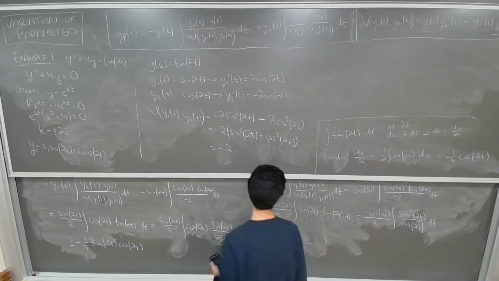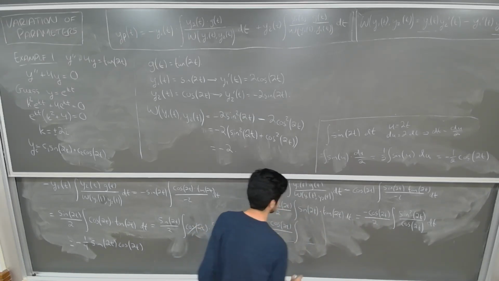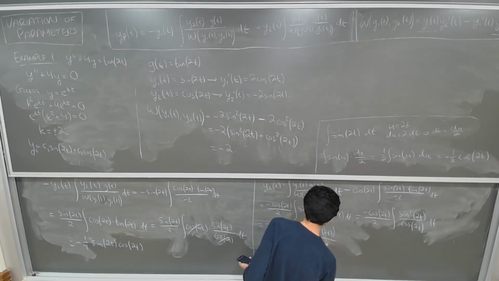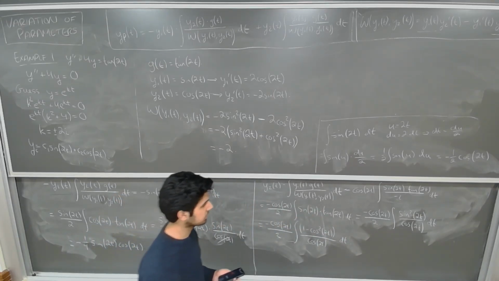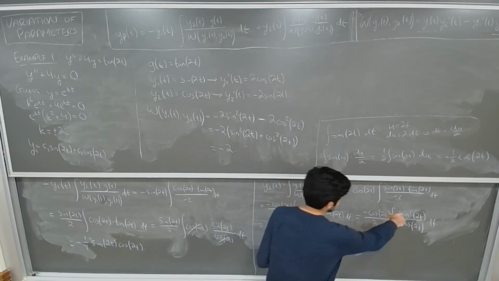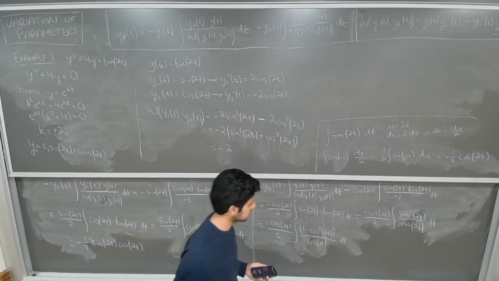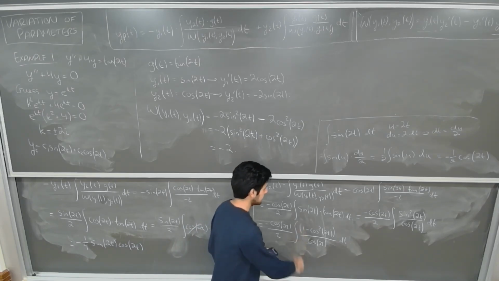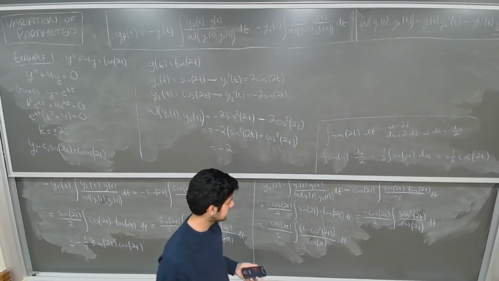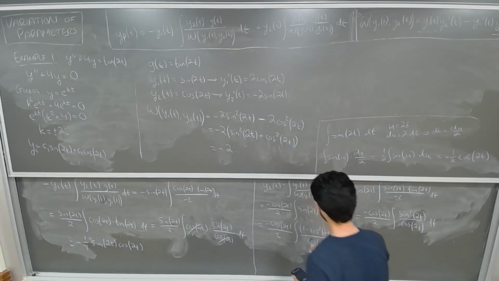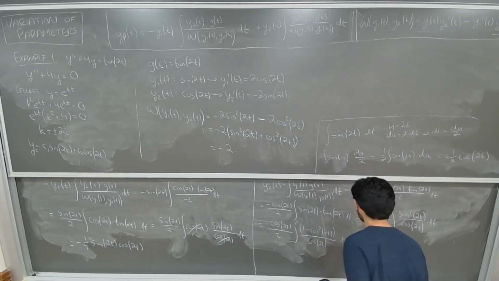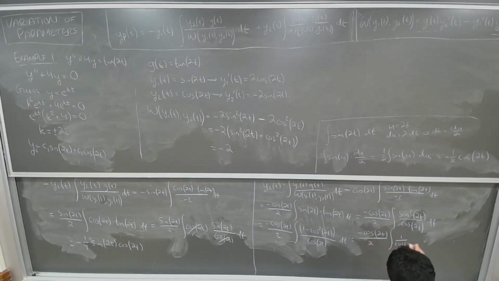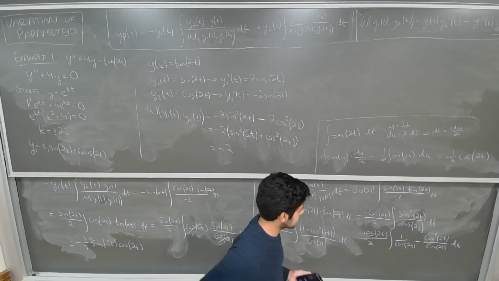Trig identities. We'll use the fact that sine squared plus cosine squared equals 1. So that means sine squared equals 1 minus cosine squared of 2t. Now, everything here is in terms of cosines. And so we can split this into the difference of two fractions. We get something that looks like this.